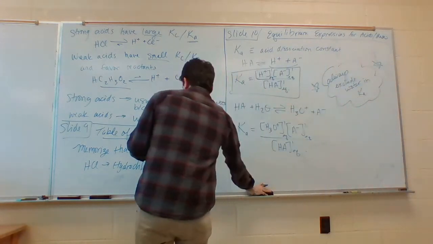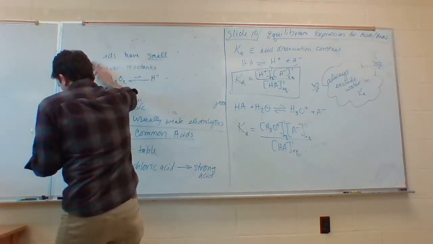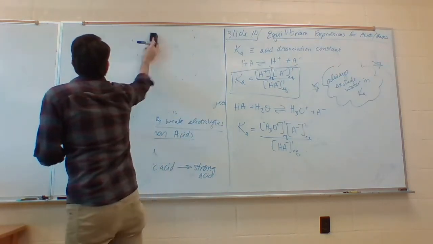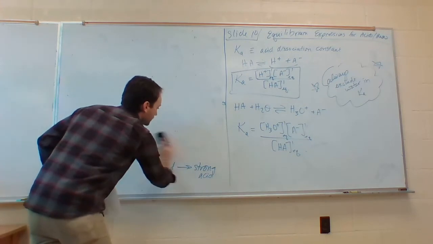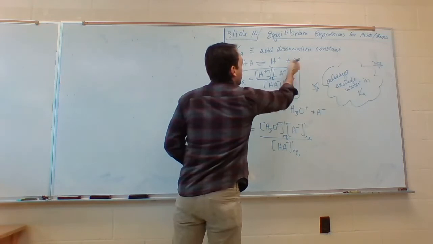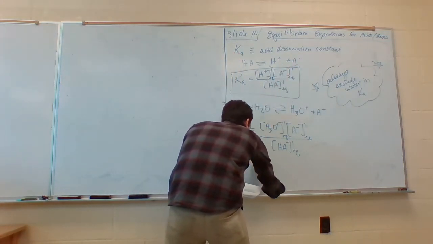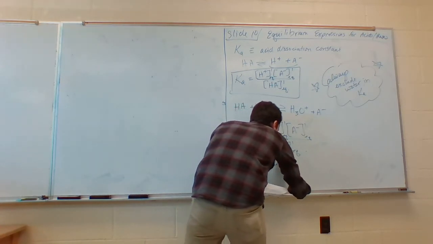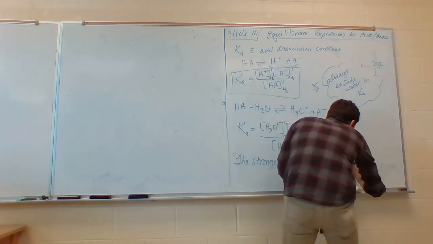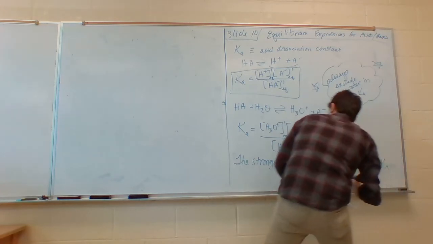One last thing I wanted to mention is that the stronger the acid, the bigger the Ka. That should make sense: the more it dissociates, the bigger those numbers get, the bigger the Ka. So, the stronger the acid, the larger the Ka.